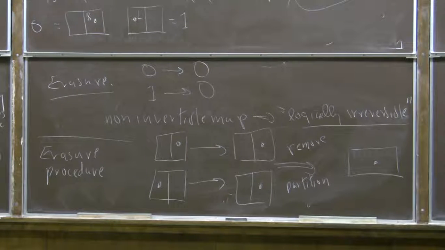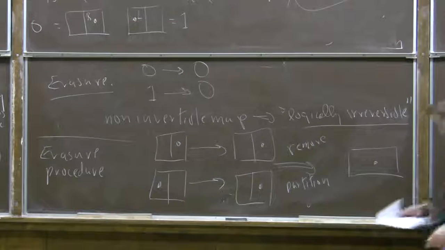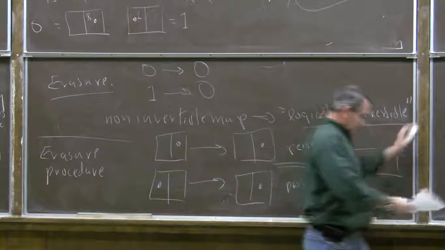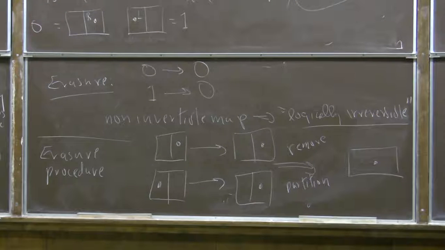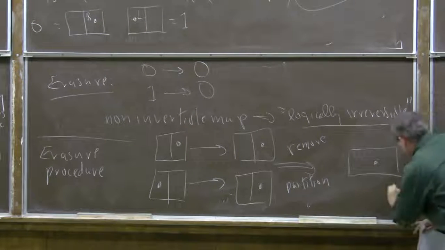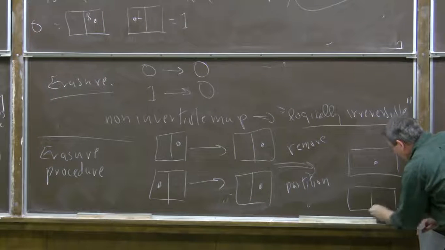Okay. So I can try to force it to be on the left or the right. And in fact, I can't just put the partition back because that would just, I wind up with a random bit.